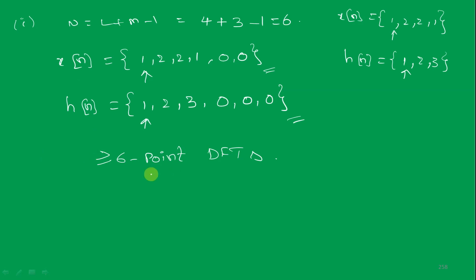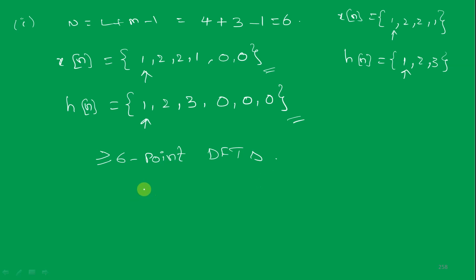So if you use the butterfly diagram, we have the 4 point, 8 point, 16 point butterfly diagrams. That means 6 point DFT means you may use the 8 point DFT. Take the butterfly diagram, 8 point DFT, either DIT FFT or DIF FFT. By using that one also you can simply find out the x of k and h of k.